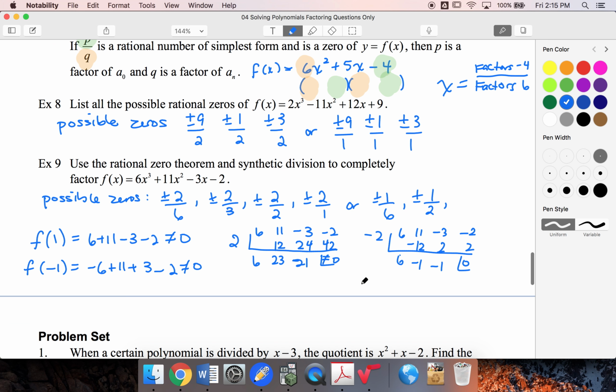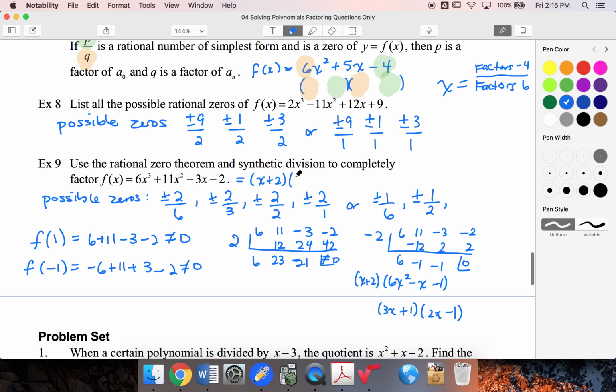So I know that x plus 2 must have been one of my factors. So I know this is going to be x plus 2 times 6x squared minus x minus 1. Well, I can see that this is going to factor to 3x plus 1 times 2x minus 1.